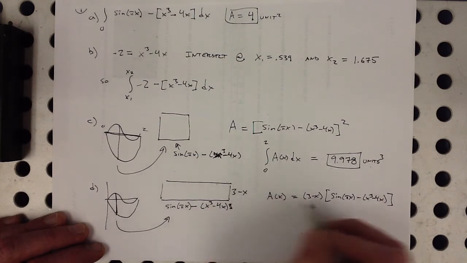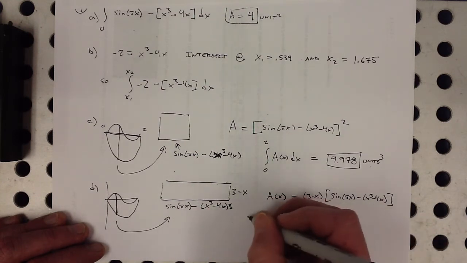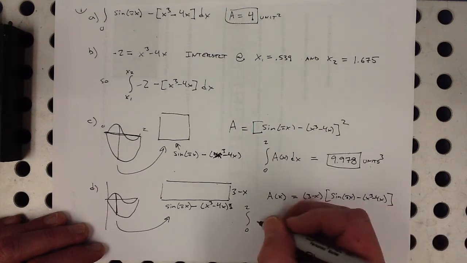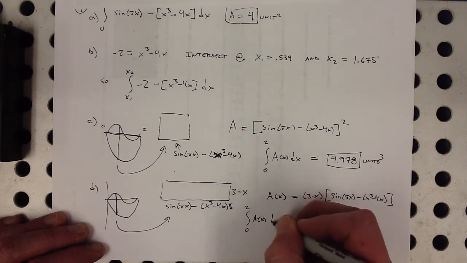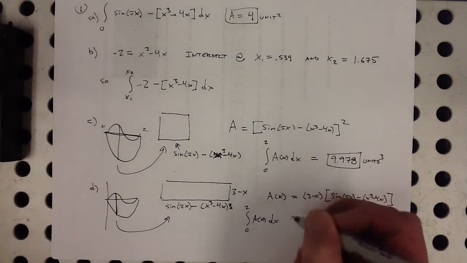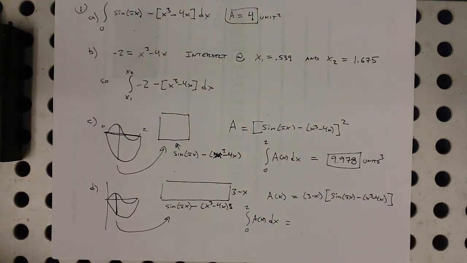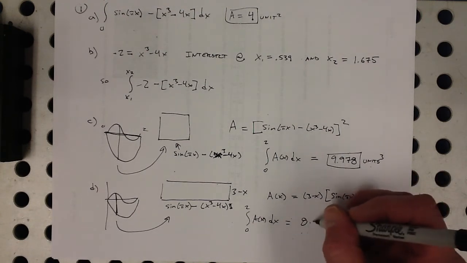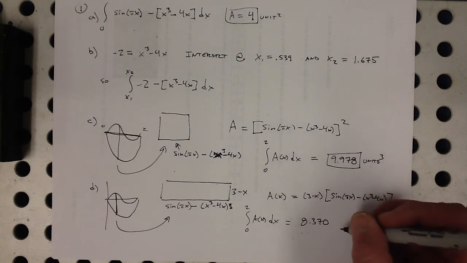That's the two dimensions of the rectangle. And then we need to find, again, the volume integrating across the whole area from 0 to 2. And using our calculator, being very careful again, we should find a volume of 8.370 cubic units.